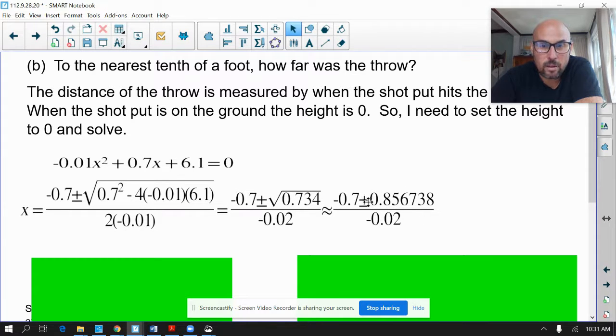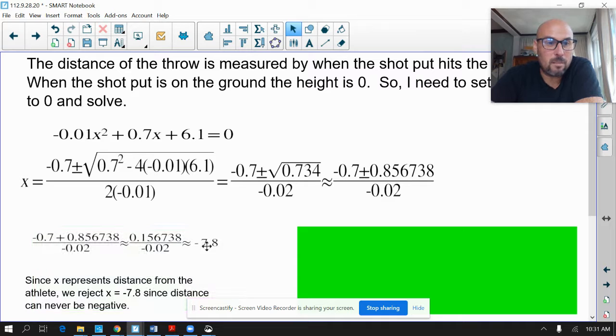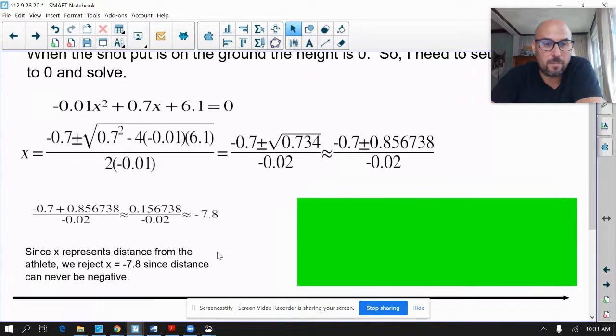And now I separate it into plus or minus, because of course, parabolas have 2 solutions. When I first separate it into the plus version, negative 0.7 plus 0.85 divided by negative 0.02, I get an answer of negative 7.8. Now, mathematically, that's a correct answer, but we are using math to solve a real problem. And since x represents the horizontal distance from the athlete, this answer needs to be rejected because you cannot have a distance of negative 7.8.